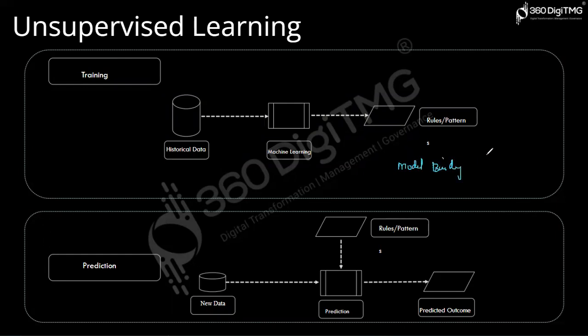In model building, we have unsupervised learning and supervised learning. So what is unsupervised learning? Generally, when I have data, I am going to have input values and output values.